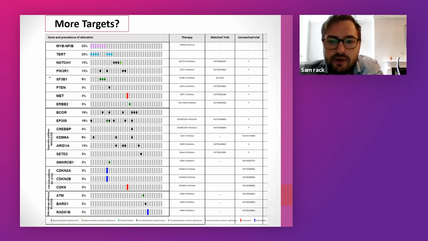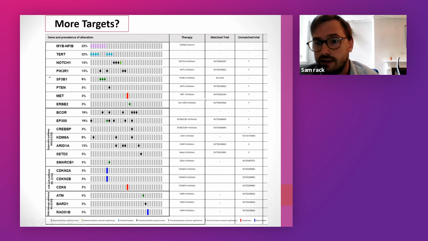But the issue with this is, as we throw the net wider, we move away from the other big groups, the prostate, the lung, and things which have their targets in EGFR and things like that. And what we find is that although we're picking up these targets, and there is evidence based on preclinical research, the trials aren't open in the UK for us to match at this stage.